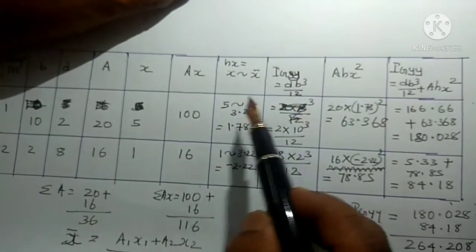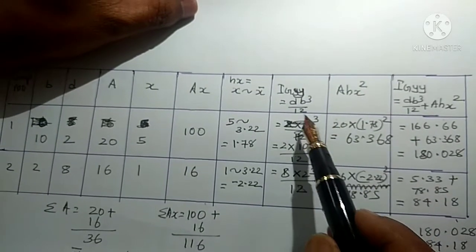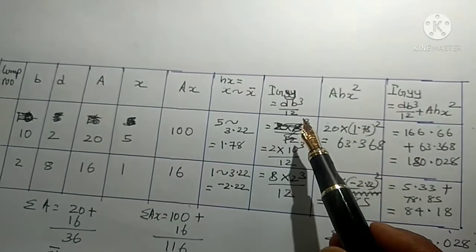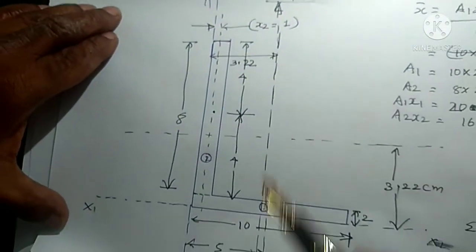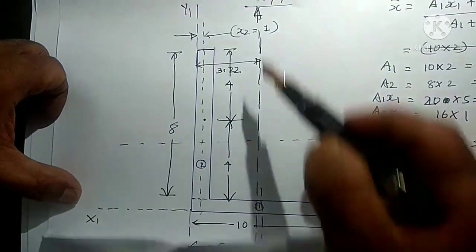So as per the parallel axis theorem, IGYY, this is the centroidal vertical axis we are considering.